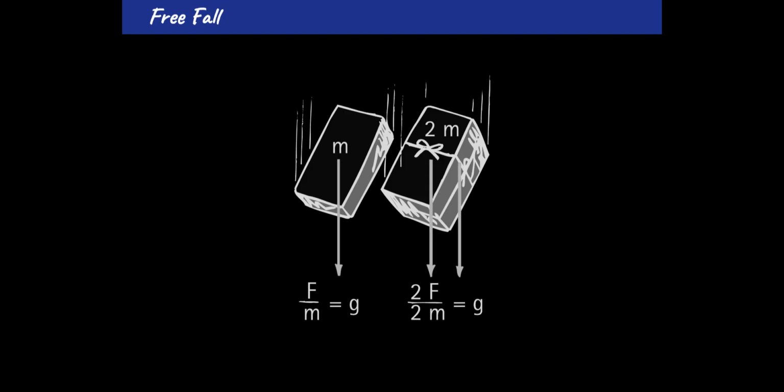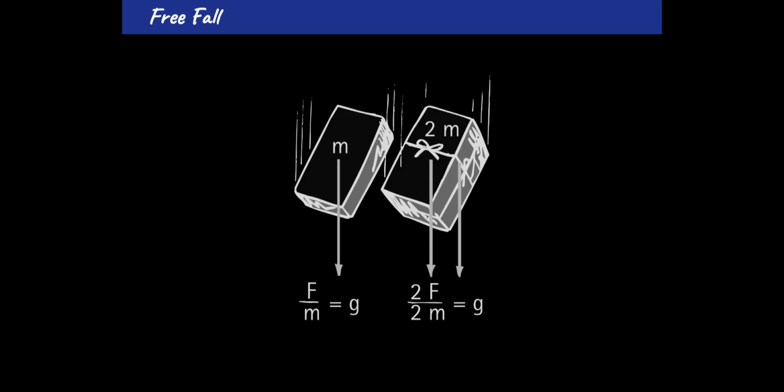How can this be? Well, here I have a brick that has a mass m, and when it falls, the force on it, which is its weight, divided by its mass, works out to be the acceleration due to gravity, like it just did for Slim in the previous example. If I double the mass of the brick, so I put two bricks together here, then I've doubled the weight, but I've also doubled the mass.